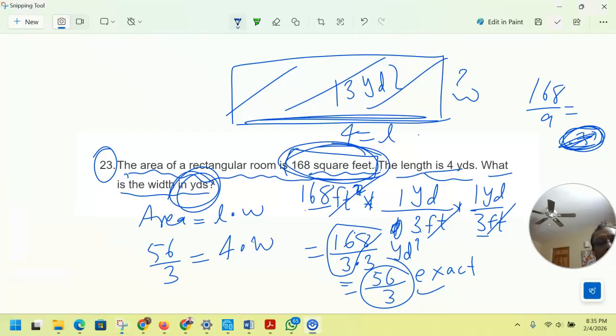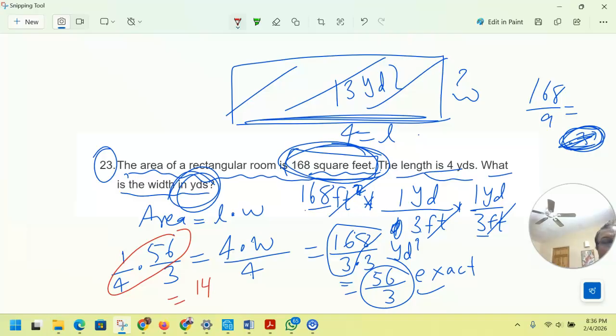Then we divide both sides by 4. You can see 4 goes into 56 and gives you 14. So you get 14 divided by 3.